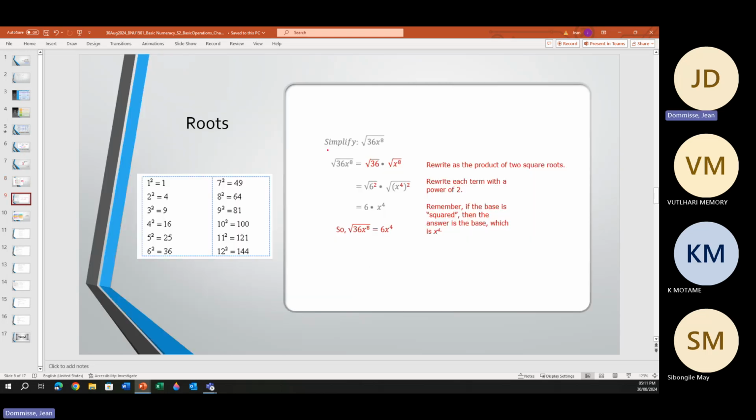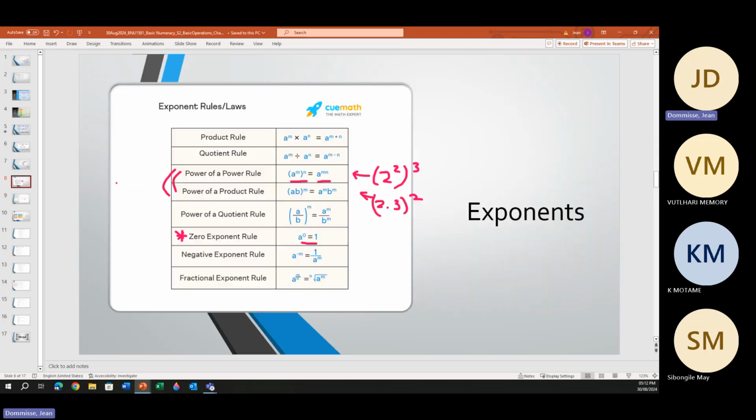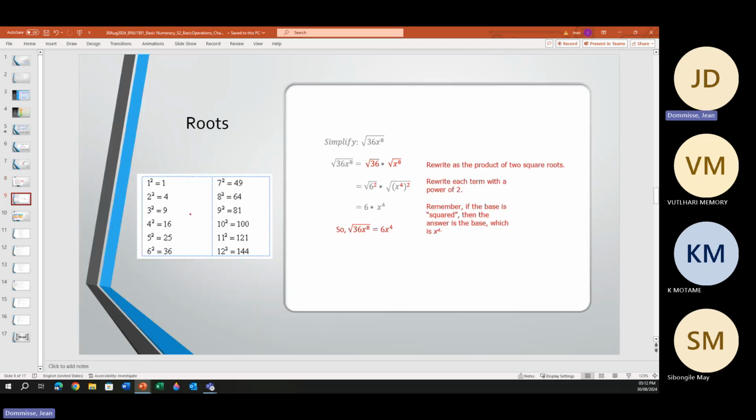And what I've also included is just a simple example on a root, so that we have an exponent, to the power of, and then we also need to look at roots.